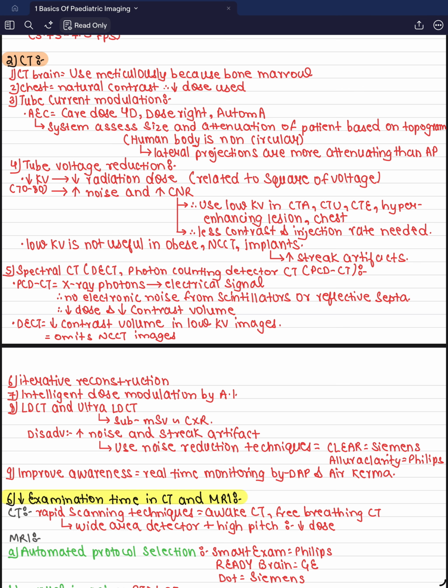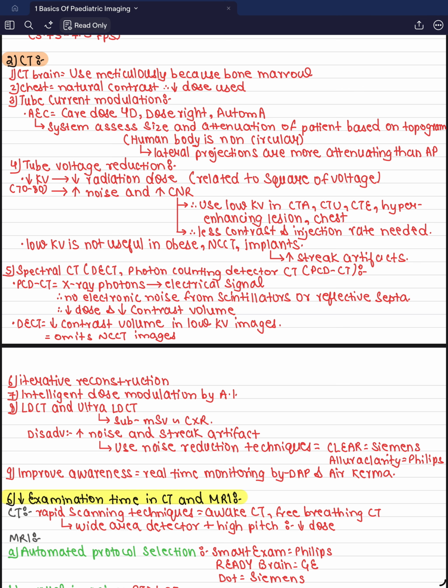The CT machine will assess the size of the patient and attenuation of the patient based on the topogram. And please remember that the human body is not circular, it is non-circular. So when the X-rays are passing in AP direction, they are comparatively passing through a thinner portion, while when they are passing in a lateral direction, the X-rays are passing through a comparatively thicker part.